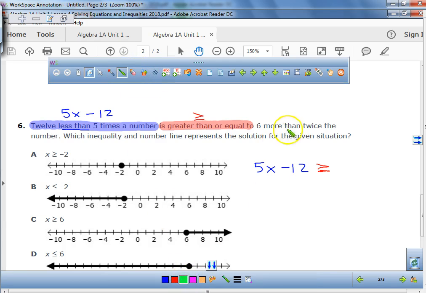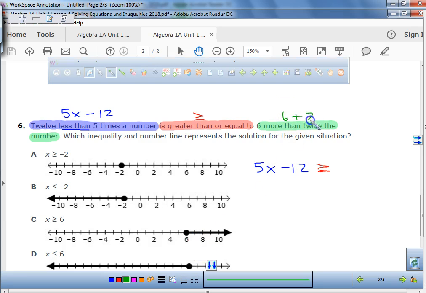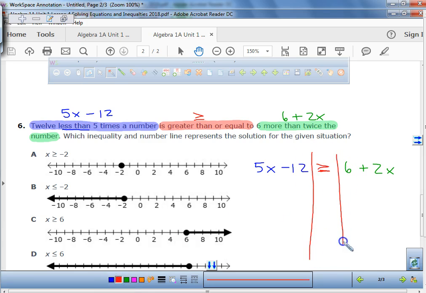And then the last thing I'm going to do is 6 more than twice the number. 6 more than twice the number. 6 more than, plus, twice the number. So I'm going to put 6 plus 2x. And that right there is our inequality expression written from all of these words. Okay? So we went from verbal to the expression.